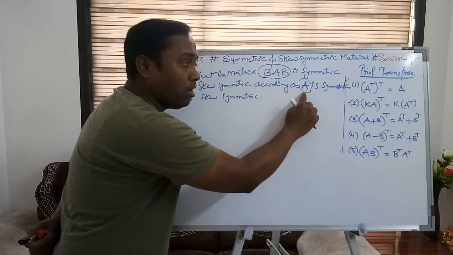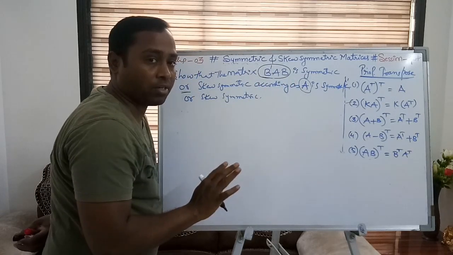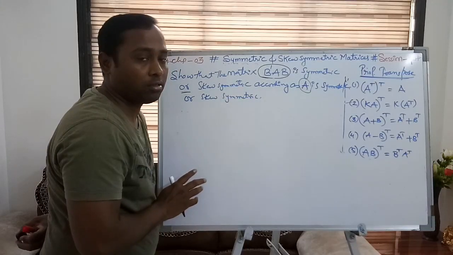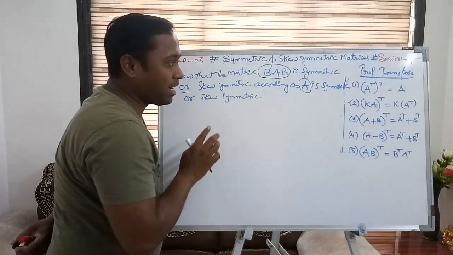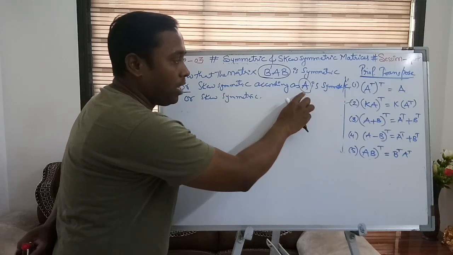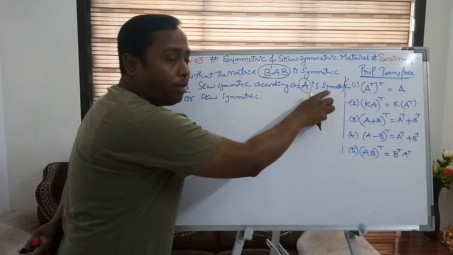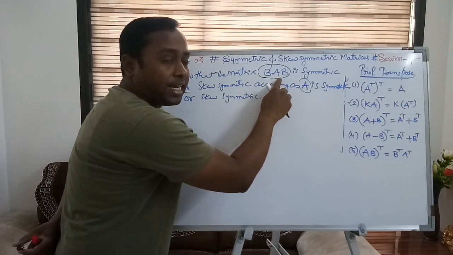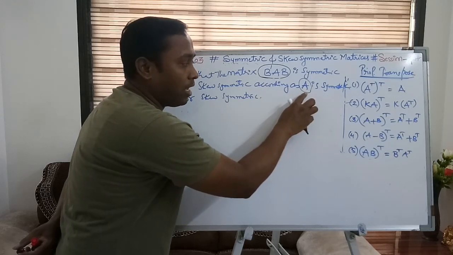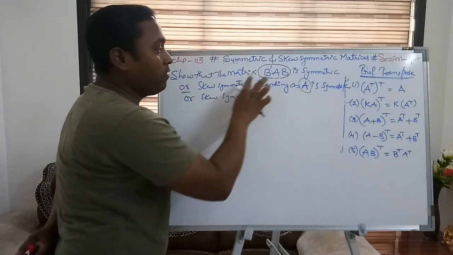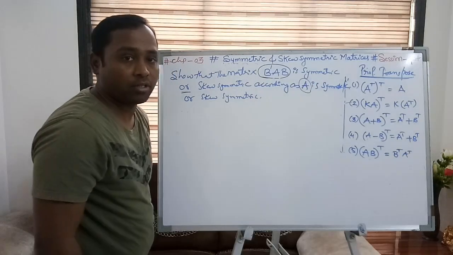A यदि skew symmetric होगा, so this operation will be skew symmetric. Means there are two conditions we need to prove: first taking A as symmetric, we will prove this operation is symmetric. Second case, where we'll consider A is skew symmetric, then we'll prove this operation is skew symmetric.